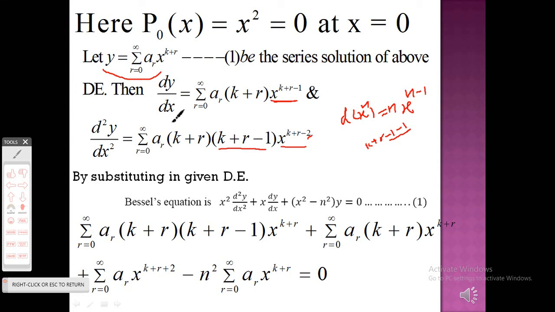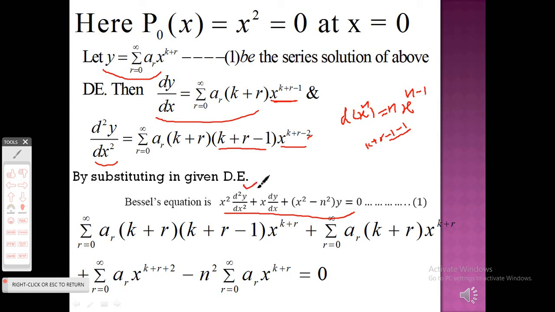Now we substitute y, dy by dx and d square y by dx square in the given Bessel differential equation, x square d square y by dx square plus x into dy by dx plus (x square minus n square) into y equal to 0.